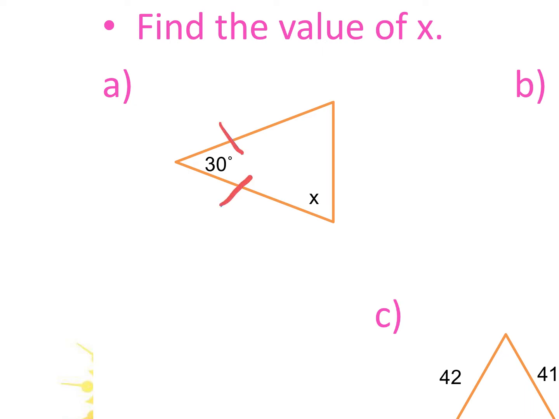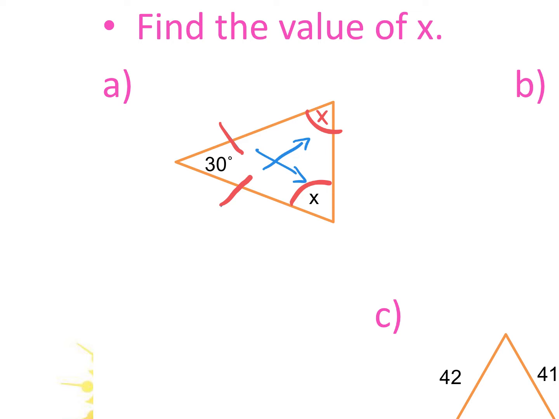So now I can use my base angles theorem and also figure out that these two angles that are opposite those two congruent sides are also going to be congruent. So I can also show that both of these are going to be the same measure. So if this one's x, so is this one.